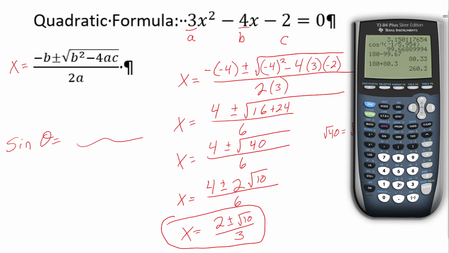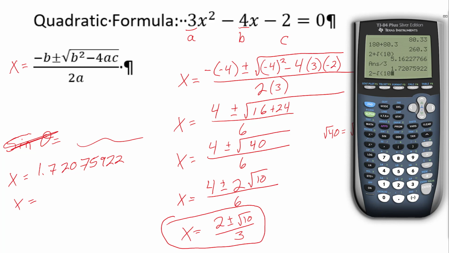So what I'm going to do is say 2 plus the square root of 10 equals, divide that by 3, equals, and so I get one answer that is x equals about 1.7207597 or 5922, and the other answer would be 2 minus the square root of 10, and again divided by 3.